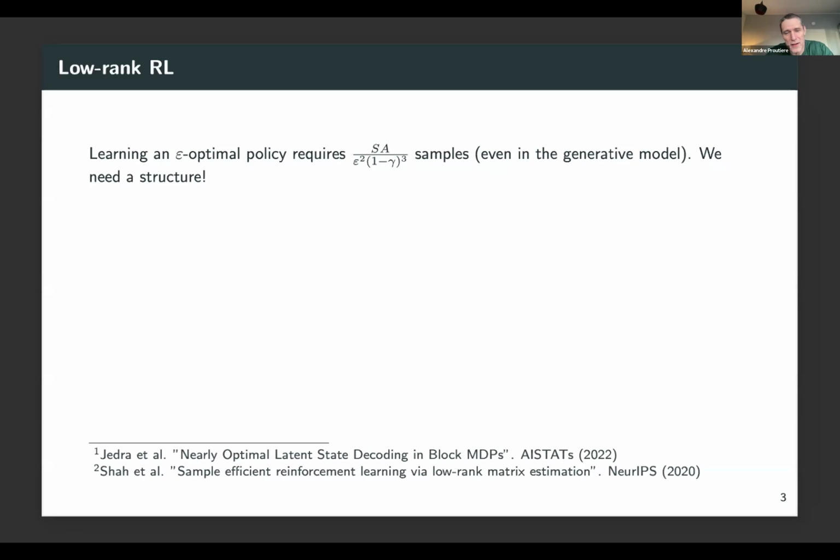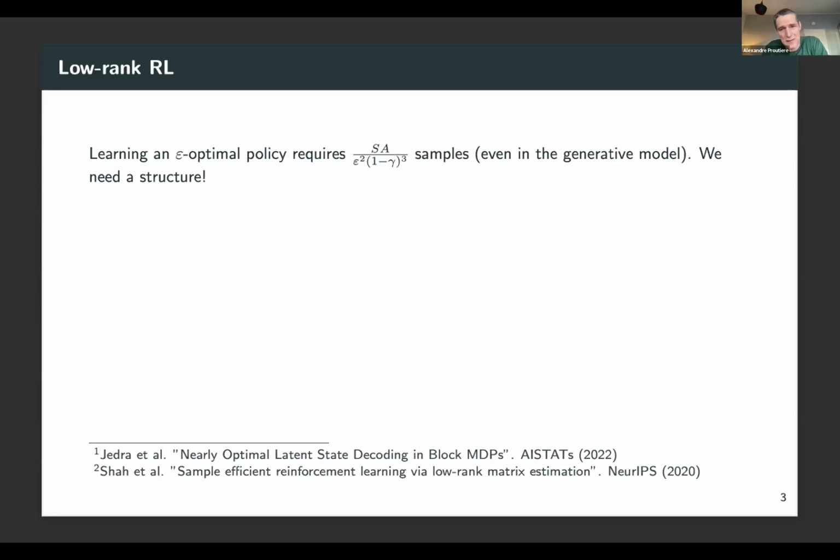Even then, the sample complexity to find an epsilon-optimal policy scales as S times A divided by epsilon squared times (1 minus gamma) cubed. 1 over 1 minus gamma can be interpreted as the time horizon. So it's the time horizon cubed times the number of states times the number of actions divided by epsilon squared.